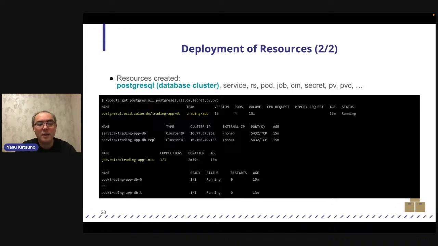So you can see highlighted yellow lines, and especially the first line shows the Postgres service instance is created for this trading app.